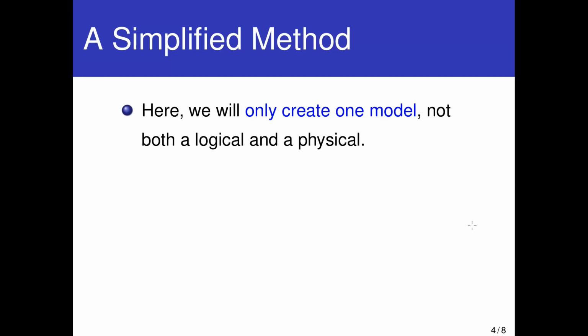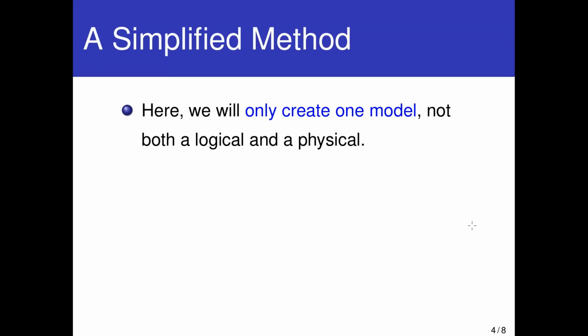But that's not really true, because a logical model cannot be implemented in a database, and here we must create something. Since the scope is to actually create a database, we must create a model that can be implemented in a database. So I would rather say that the thing we are creating is mainly a logical model. We don't look at implementation details like security or indexes or views.